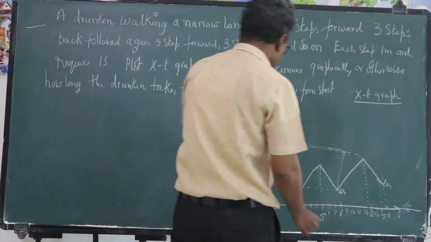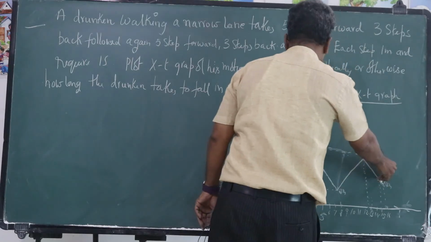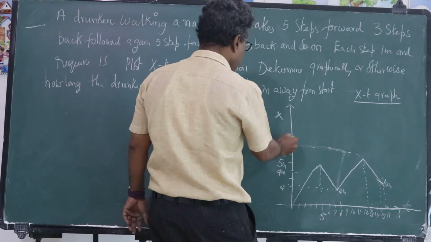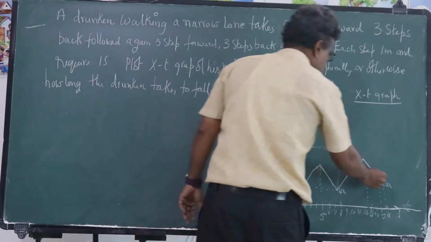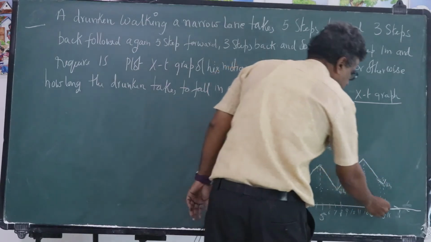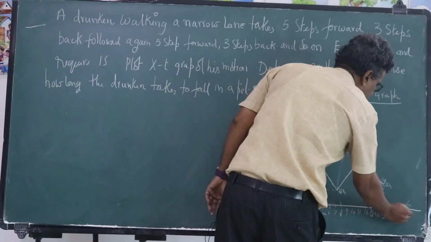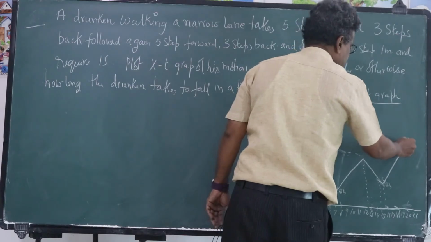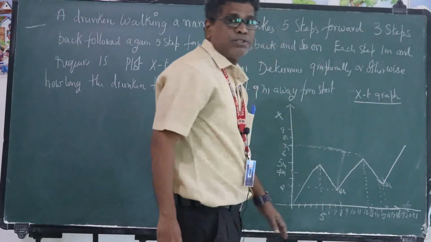And then again he starts. 5 seconds he is moving forwards. From 4 he is moving forwards 1, 2, 3, 4, 5, to 9 meters. So the pit is here at 9 meters. He continues the journey 5 seconds from 16, so 17, 18, 19, 20, 21 seconds. 16 plus 5 is 21.